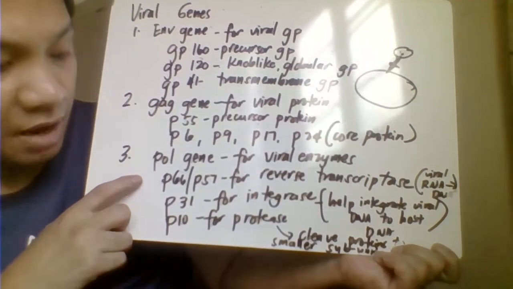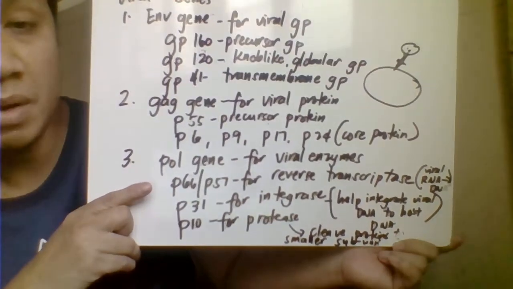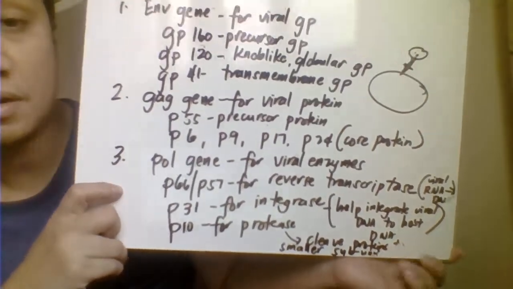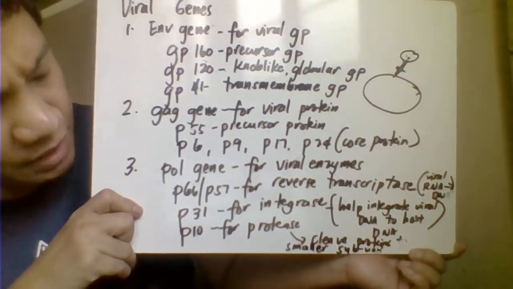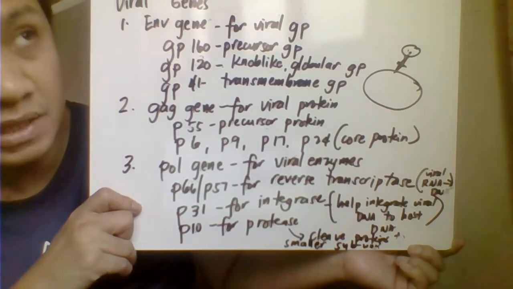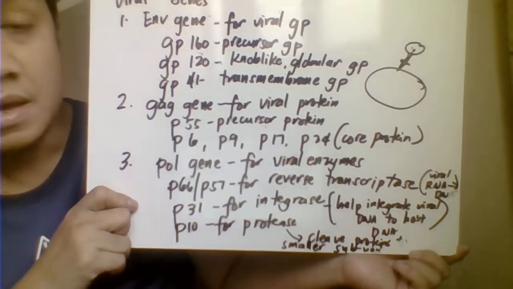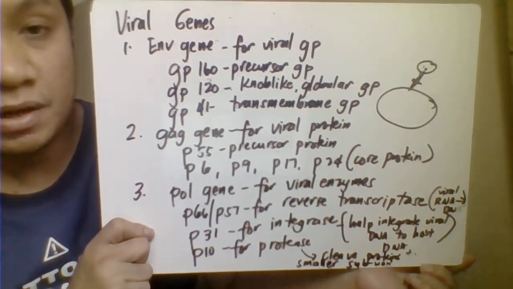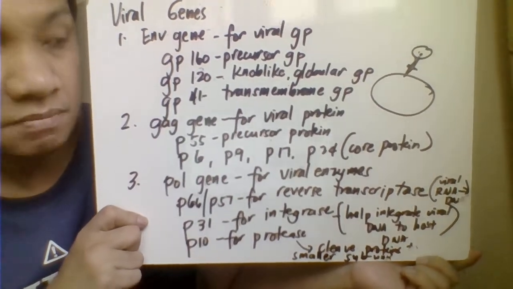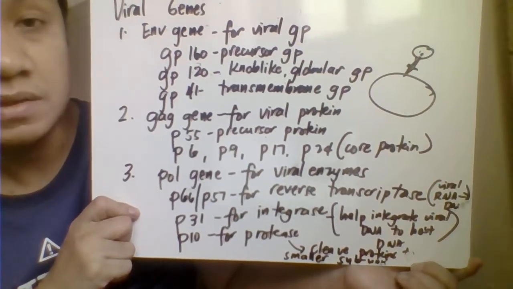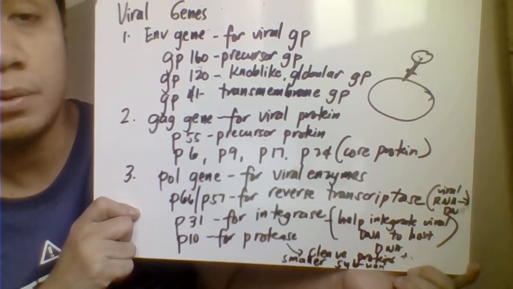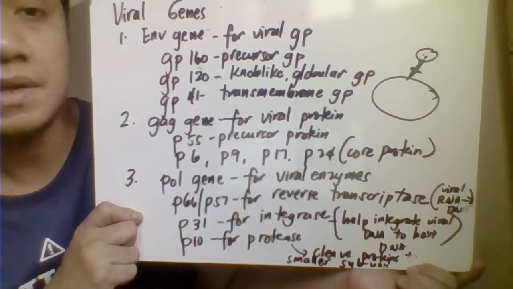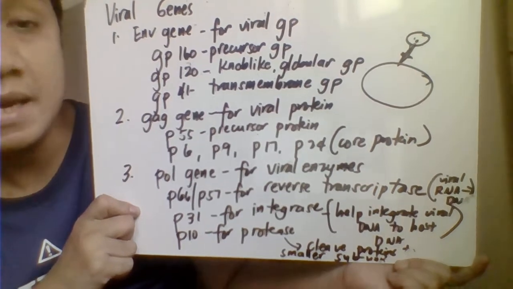Another gene is the Pol gene, polymerase, essentially responsible for the production of the enzymes of the virus. This includes P56, P66, and P57, which give rise to reverse transcriptase. Reverse transcriptase is the enzyme utilized by the virus to reverse transcribe its RNA into DNA.